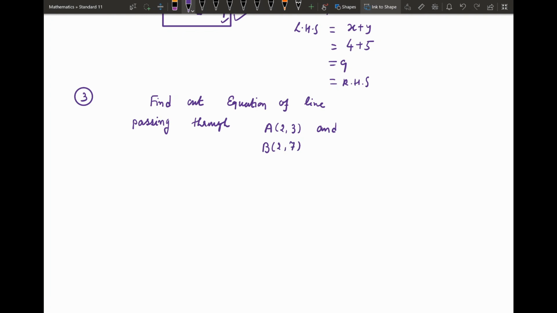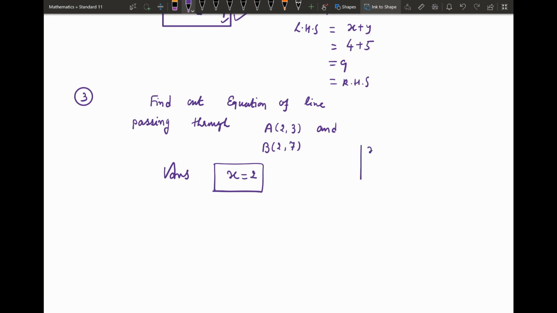So for practice, you can evaluate the Cartesian equation of the line passing through A (2, 3) and B (2, 7). The answer will be x equal to 2. You can verify, the answer will be x equal to 2.